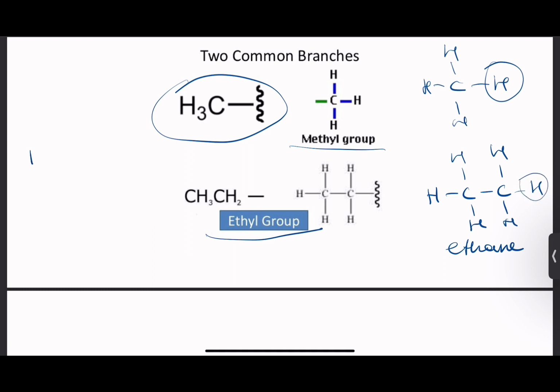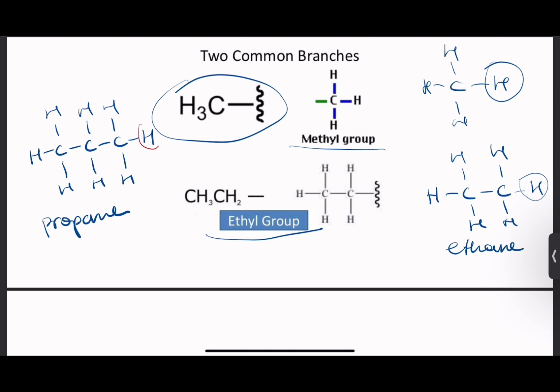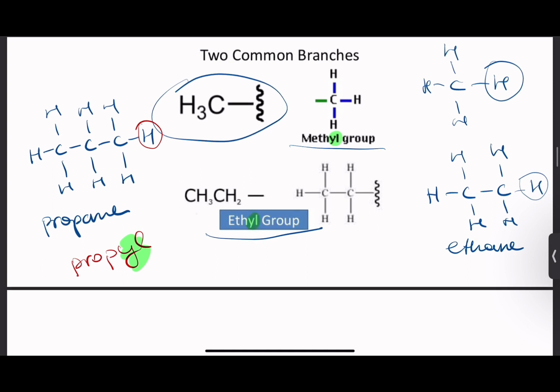And then you also have propane, for example, right? 3 carbons. This is propane. If I remove this hydrogen, it becomes propyl. You see how the ending is YL, and YL here. It is because it is an alkyl group.